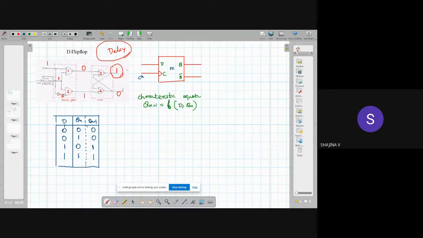So next we have to draw the K-map. How many variables do we need in the K-map?